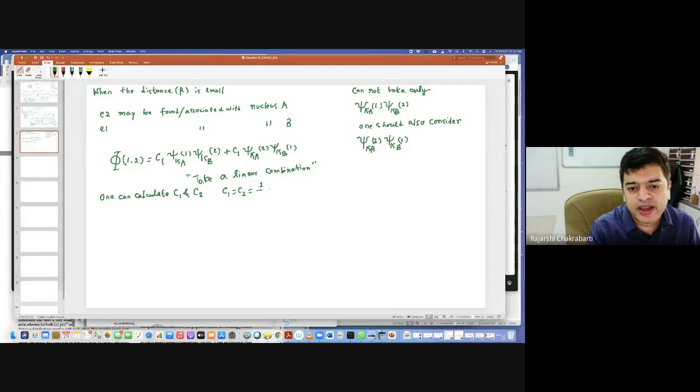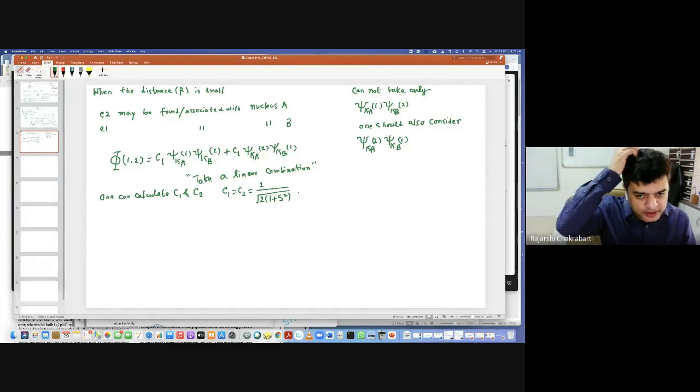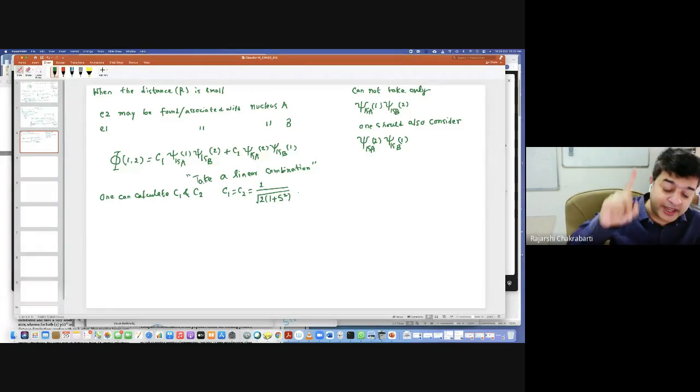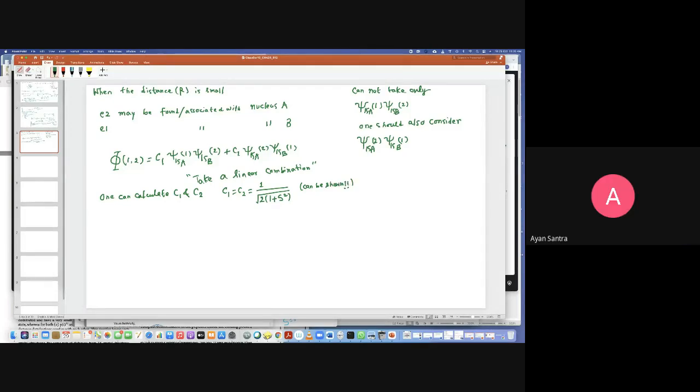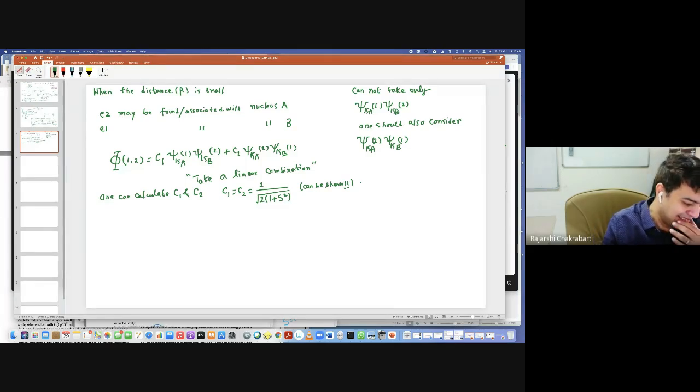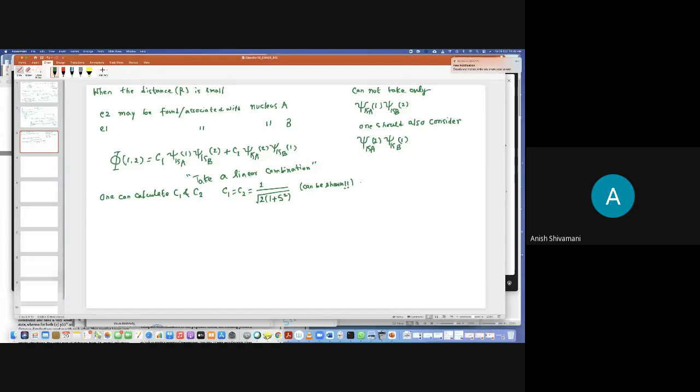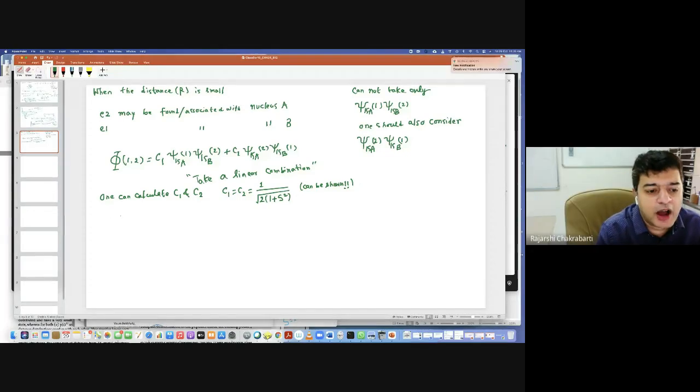It is given by, I don't know how many of you know this, 1 over the square root of 2 into 1 plus S square. Has anybody done this calculation before? You have 1 plus S square. This can be shown. Has anybody done this calculation? No, sir. Anish, have you done it? I can't remember. This is for the ground state.